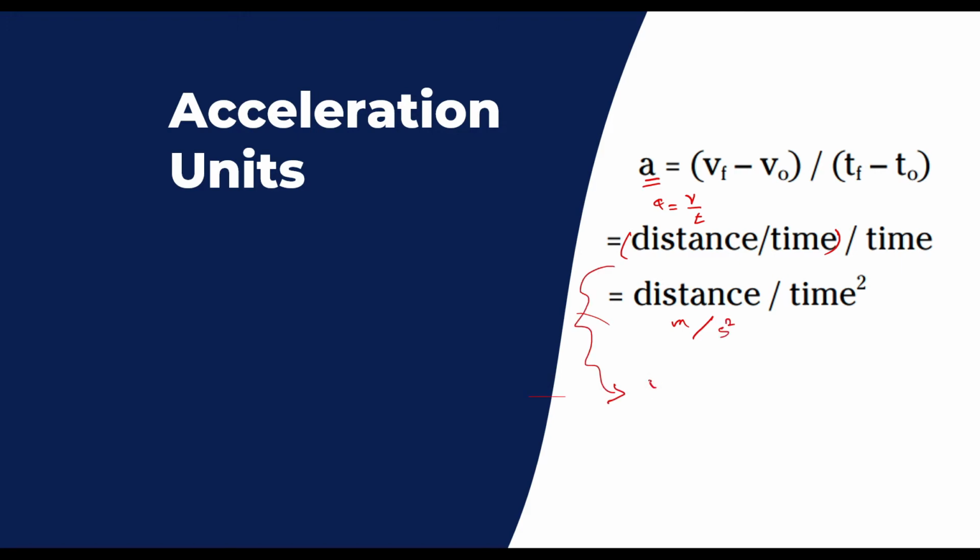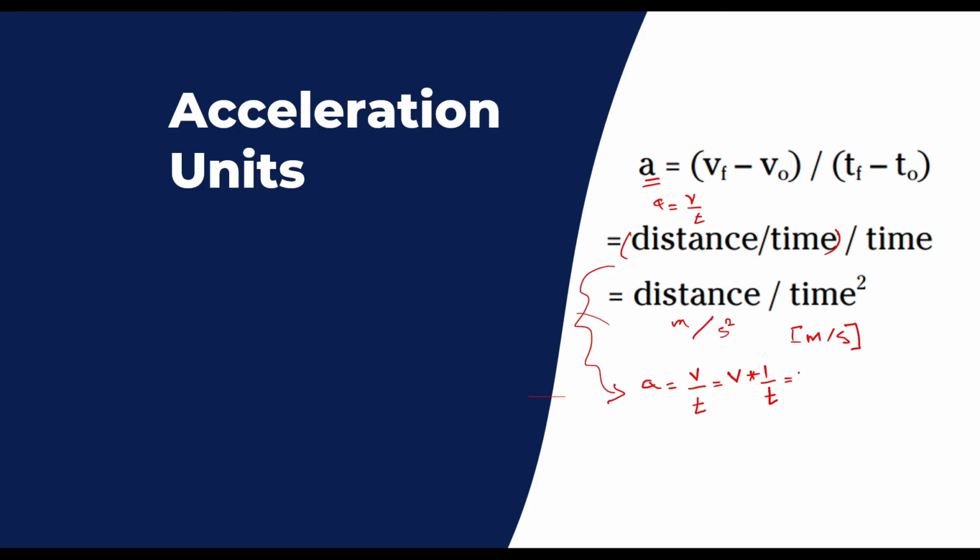So acceleration equals velocity over time. Just for simplification, that is velocity multiplied by 1 over time. Now, what are the units of velocity? Let's say we're talking about meters per second, with everything in metric units.